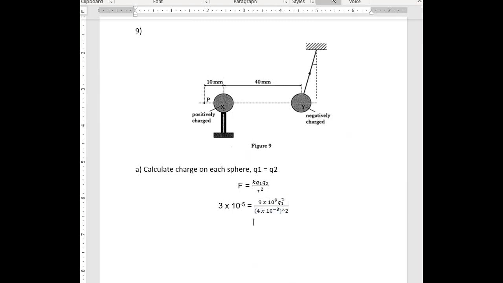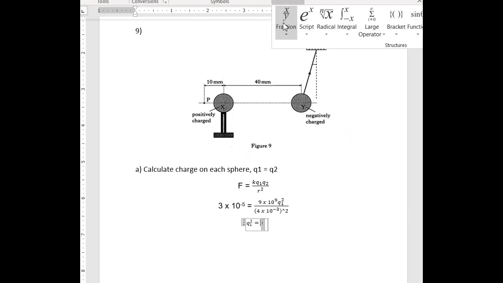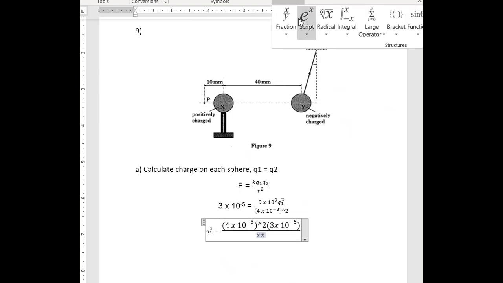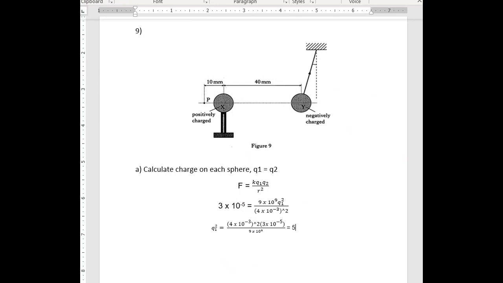From there, we can get Q1 square as distance square times 3 times 10 to the power of minus 5 divided by 9 times 10 to the power of 9. So 5.33 times 10 to the power of minus 20.